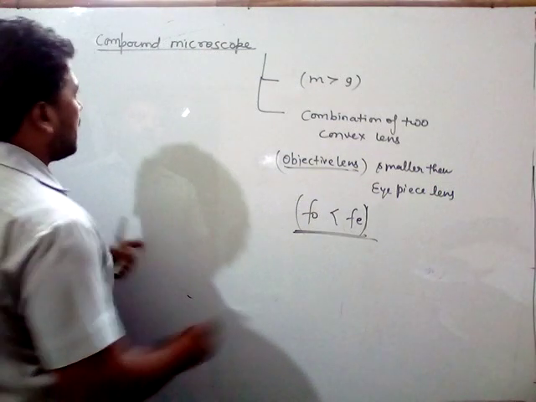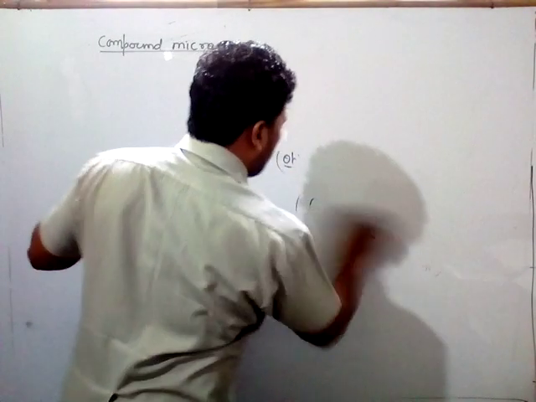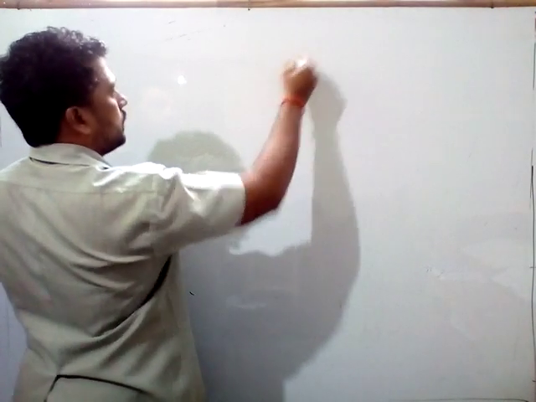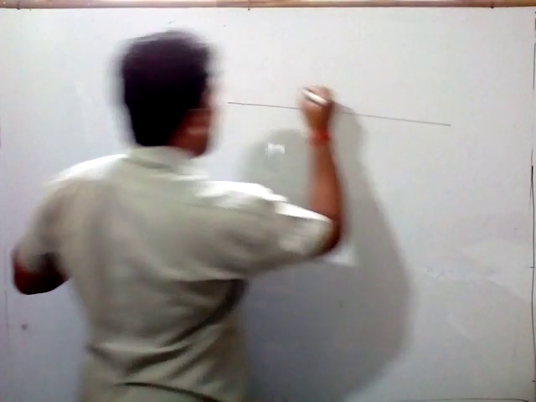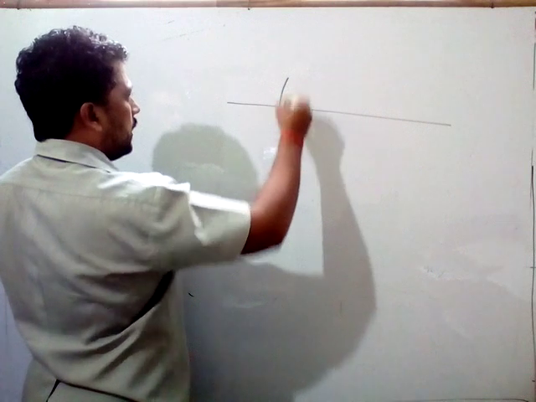So let me discuss its ray diagram. Both lenses lie in a single tube like this.